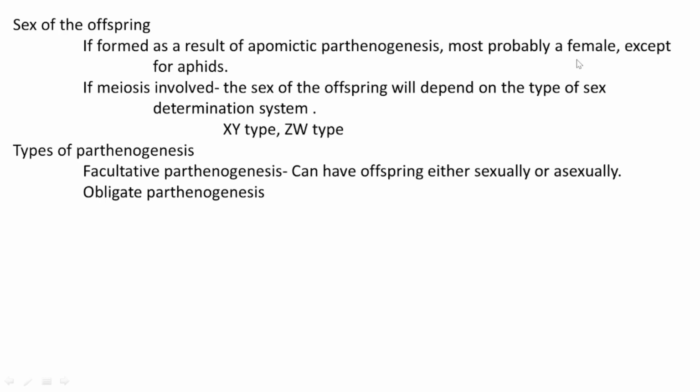There's no chance to have a male offspring. Why? Because the mother is the main factor. We know that the mother's whole set of chromosomes comes to the offspring. So there is no chance to have a male offspring there. So most probably a female.